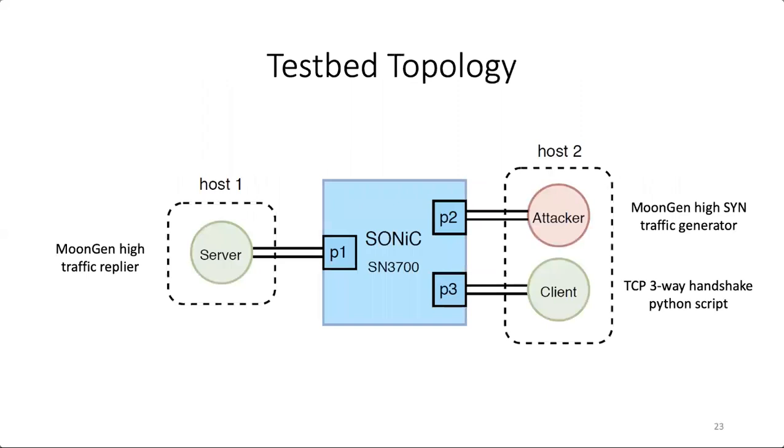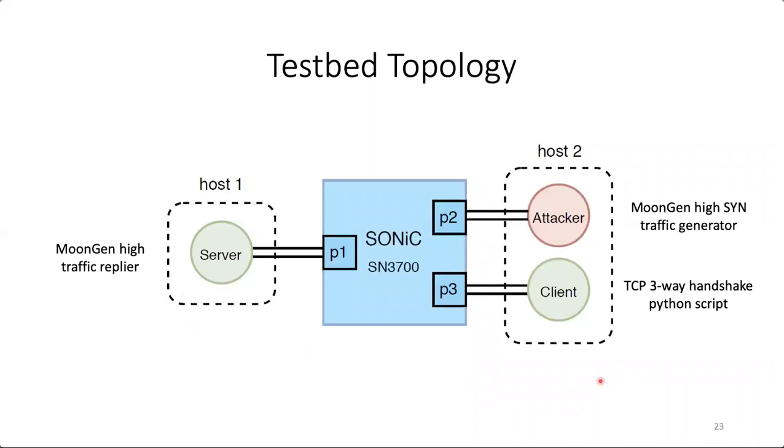Our test topology looks like this. We used a Spectrum switch running the SONiC operating system for connecting the server and the clients. From the left side, we have a host which emulates the server. The server runs the MoonGen traffic generator to reply to a high rate of SYN packets with SYN ACK packets.